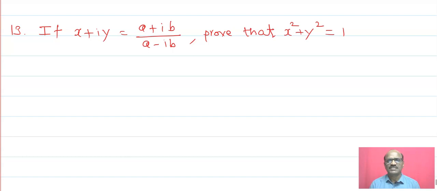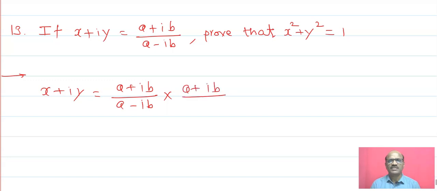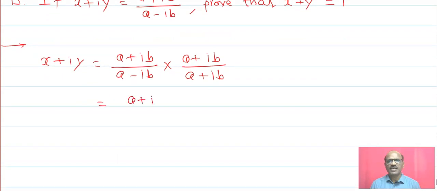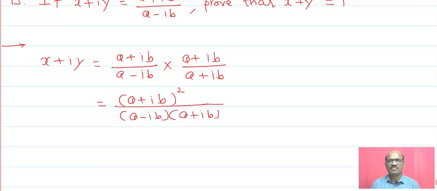Now again, this is very simple. x plus iy is equal to a plus ib upon a minus ib. Now multiply by the conjugate of the denominator; the term in the denominator is a minus ib, so multiply numerator and denominator by a plus ib.